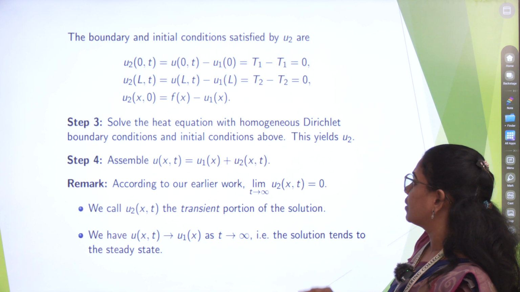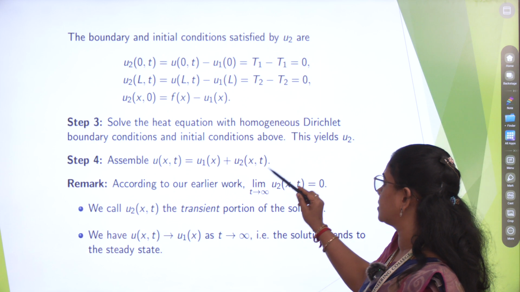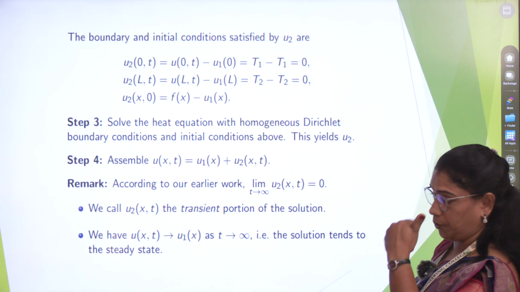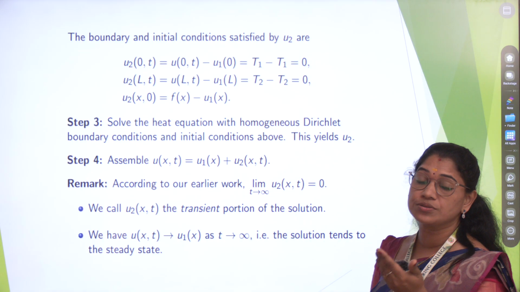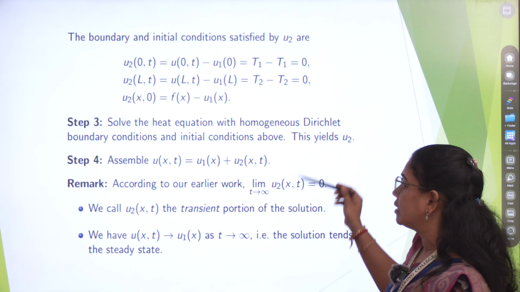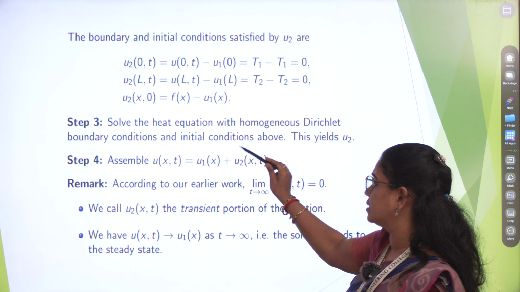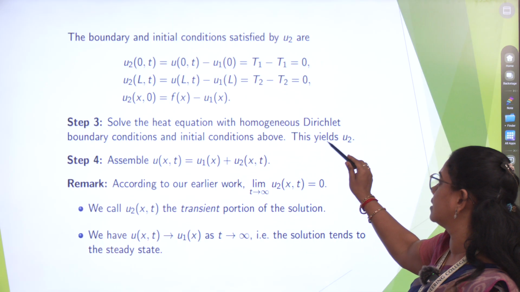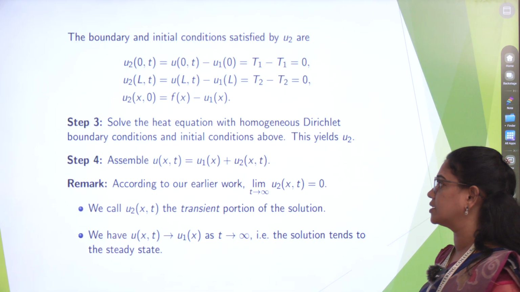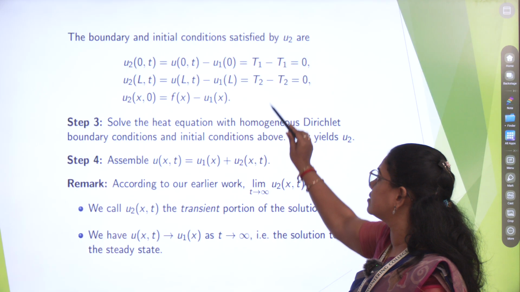Step 3. Solve the heat equation with homogeneous Dirichlet boundary conditions, because the previous one was inhomogeneous. Here we solve the heat equation with homogeneous Dirichlet boundary conditions and initial conditions above.